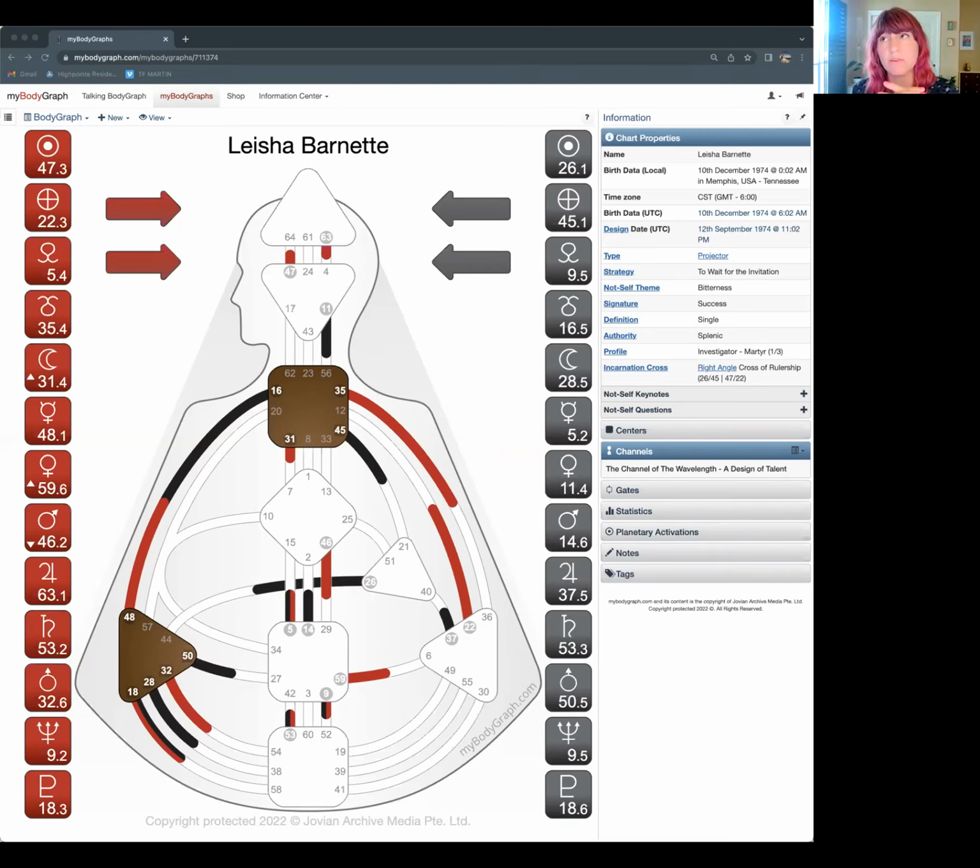I have several friends with a defined head and ajna, and they have a lot of neck problems. It's not like I have anxiety and I breathe and meditate for a minute. Not that can't help them, but it's more heightened than what I could relate to as an undefined head and ajna.